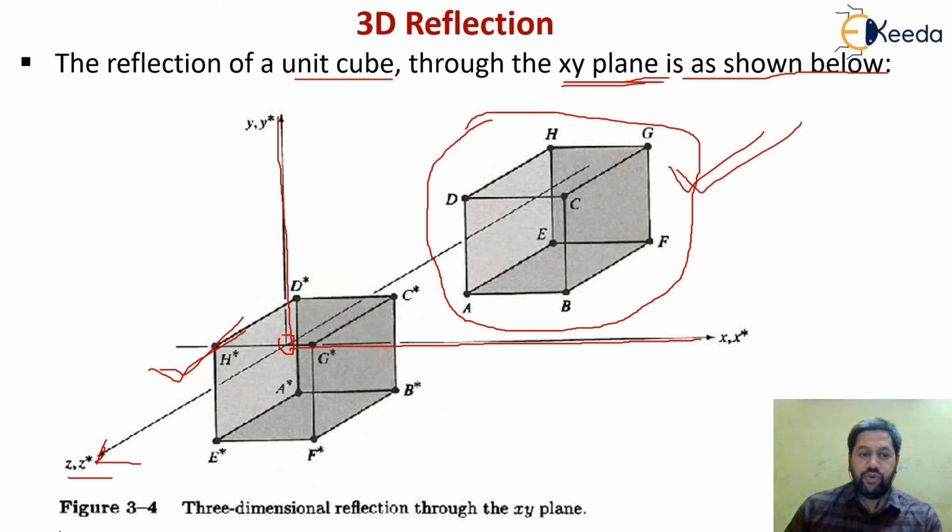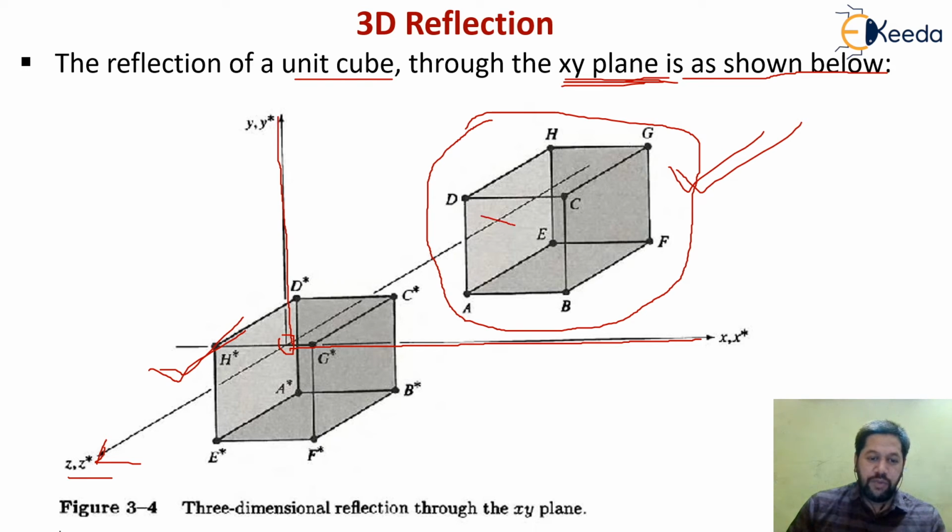So this diagram shows my reflection of a unit cube through the xy plane. This is my x and y plane, so consider this as the angle of reflection.